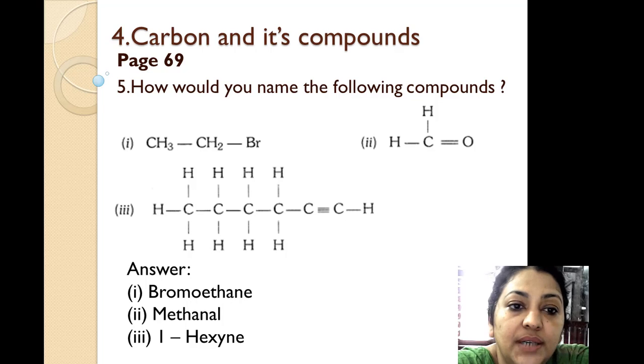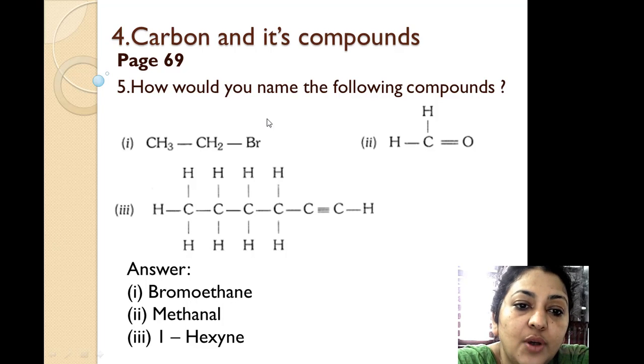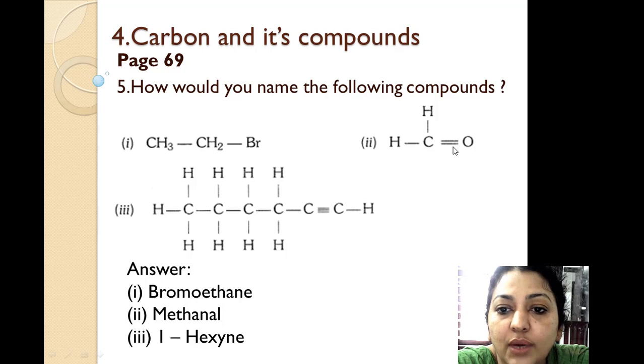Page 69. How would you name the following compounds? What is the name of this compound? It is bromoethane, right? From ethane, one hydrogen is replaced by one bromine. Therefore, it is bromoethane. Second one, see here, what is the functional group?